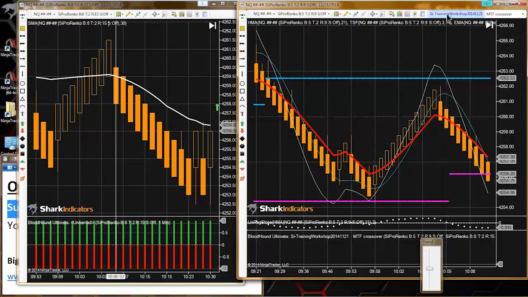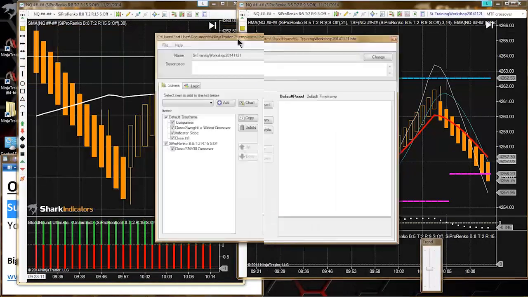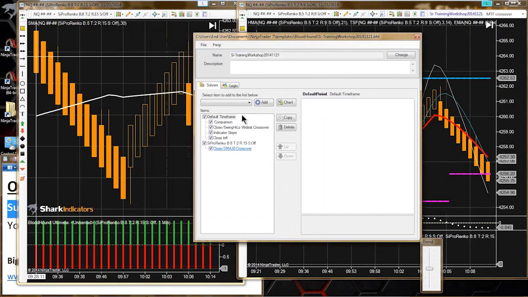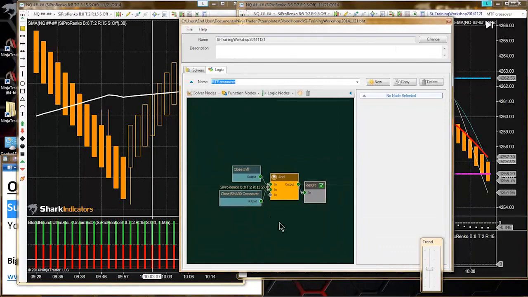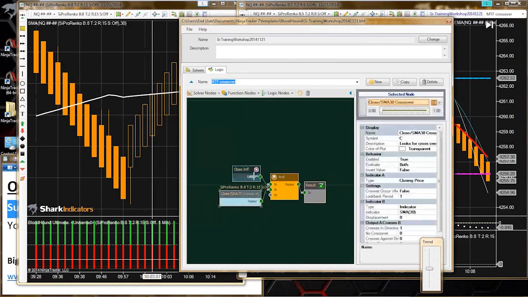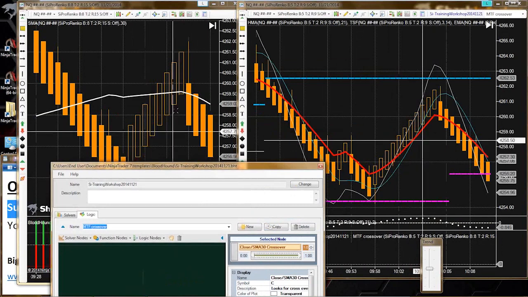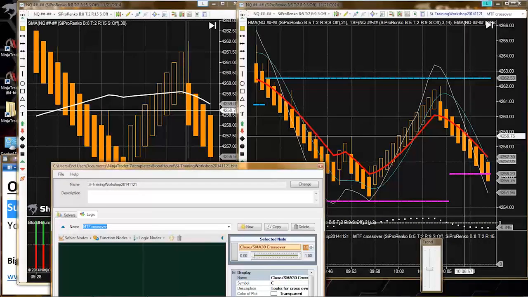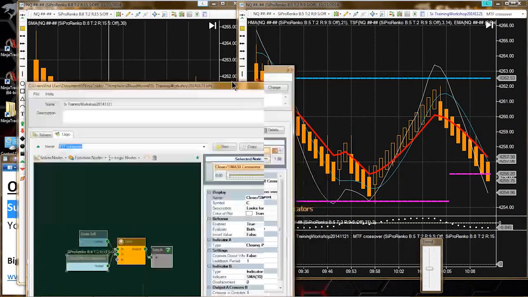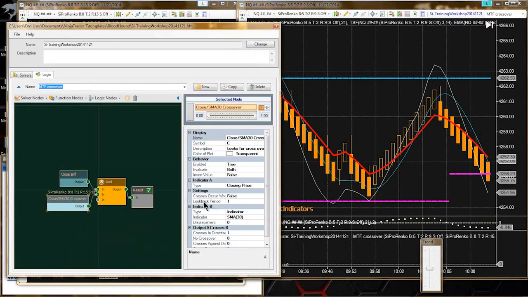So some of the things you might have to do in our crossover solver, to help the logic work better between these multiple time frames, is set this on the crossover solver that's on the higher time frame.